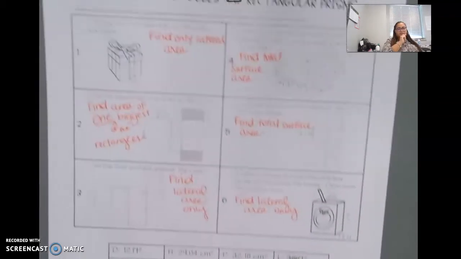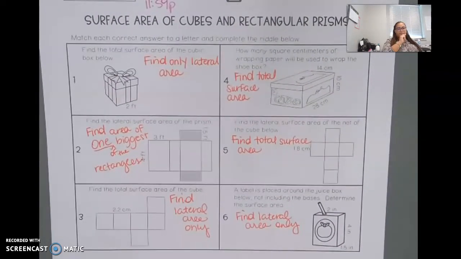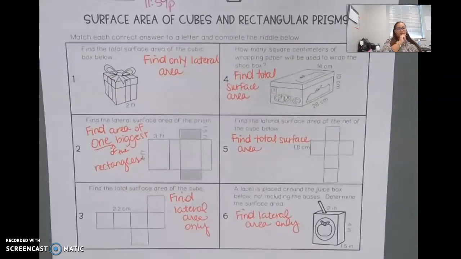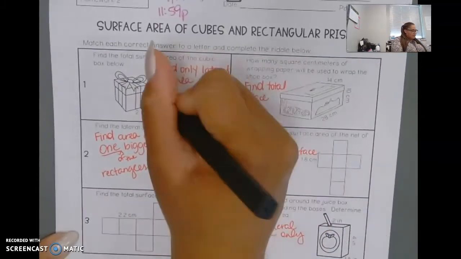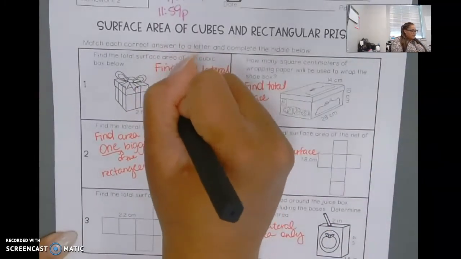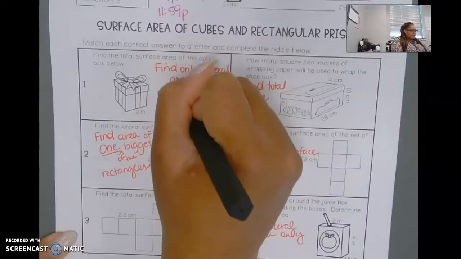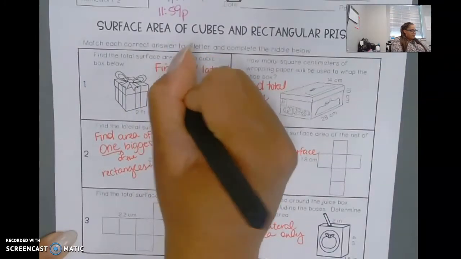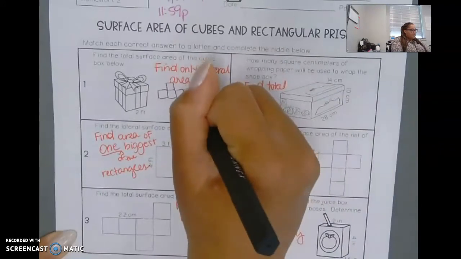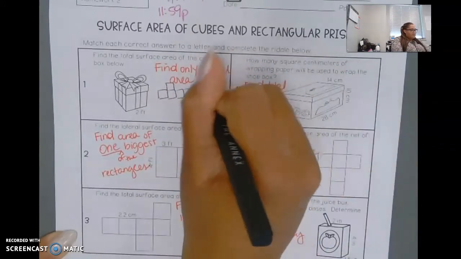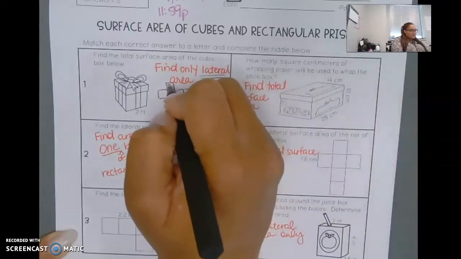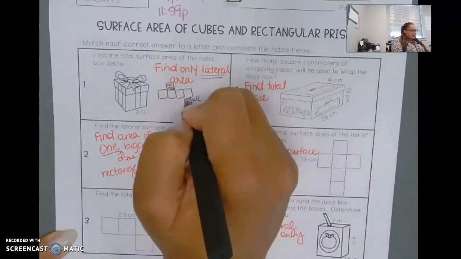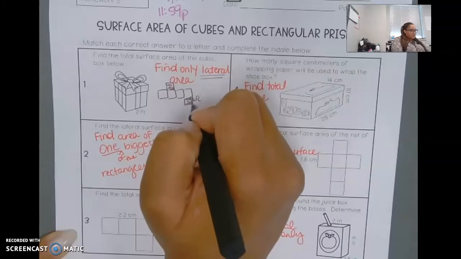But we need to know how to find lateral area, and I want you to be able to calculate these independently. So if I were to draw this out as a bunch of squares, they would be 2 feet by 2 feet. The lateral area is only the faces and not the bases, so I don't want the shaded ones.